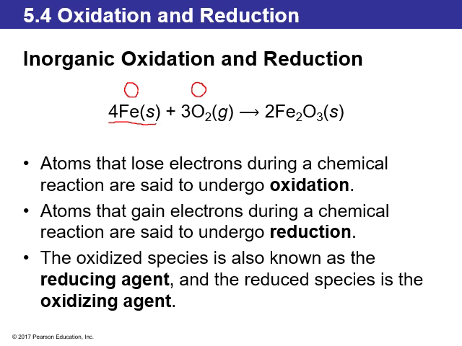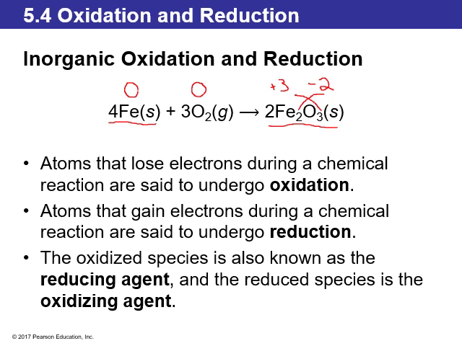Now we're making ionic bonds, so we're making a new ionic compound. If you remember, to figure out the charges, we trade these lower numbers over here. So our iron is going to have a charge of +3, and our oxygen a charge of -2. We can do the math to check this.